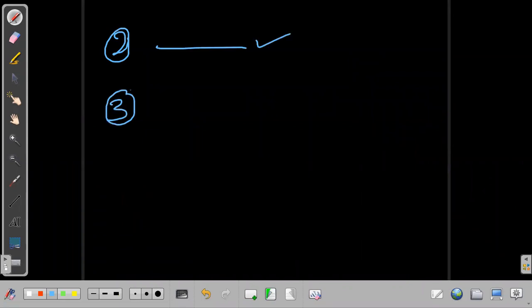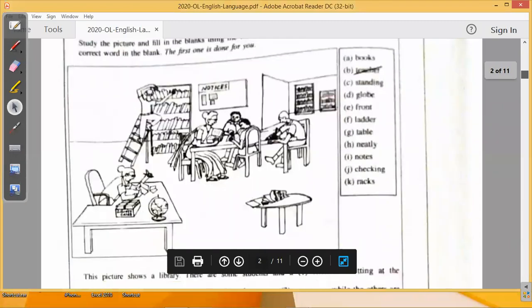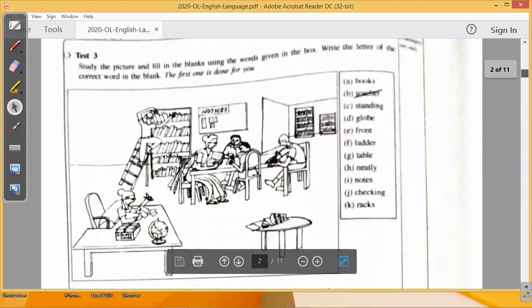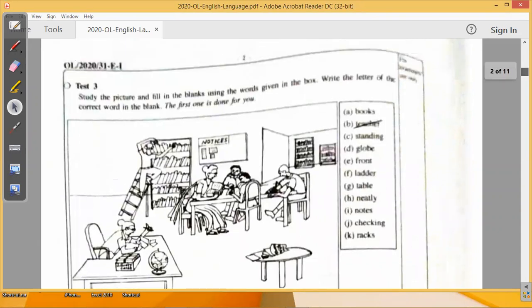Now let's take a look at the question number 3. Here is the question number 3. It's a bit unclear. Unfortunately, the paper has been scanned and uploaded to the website in a wrong way, a bit of careless, I would say.